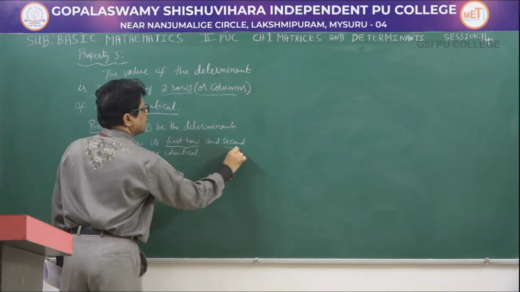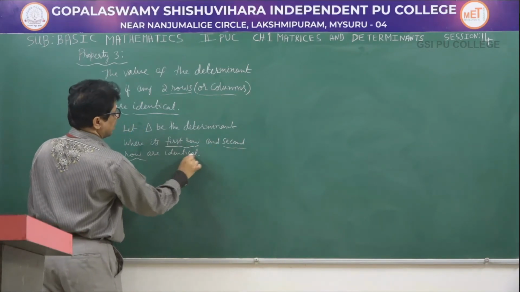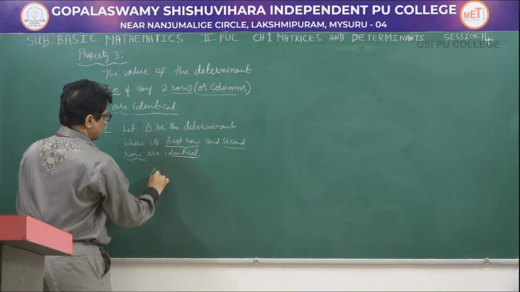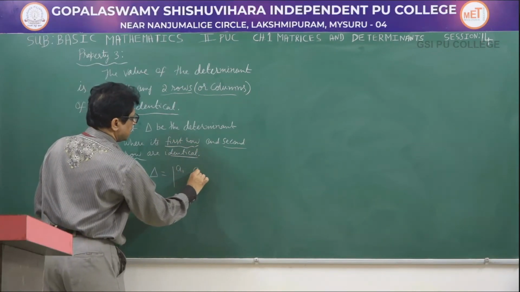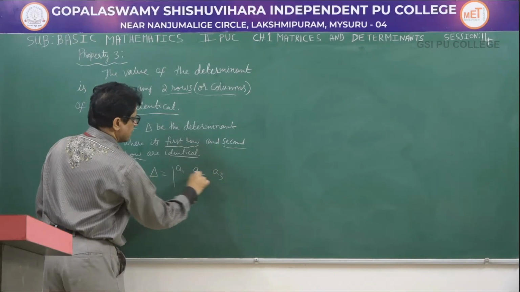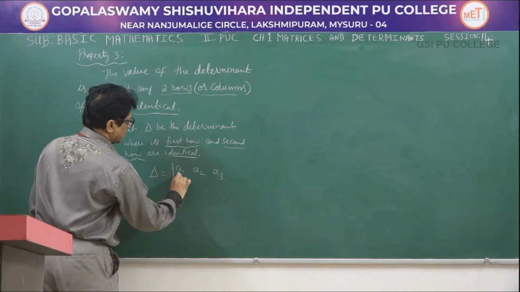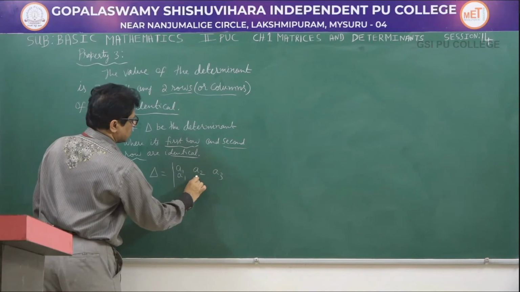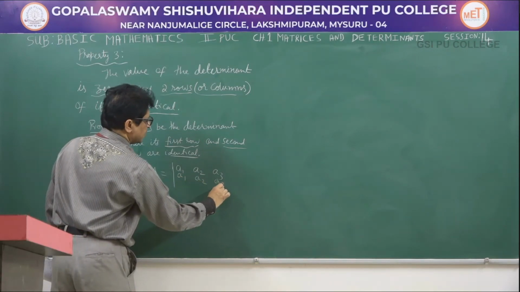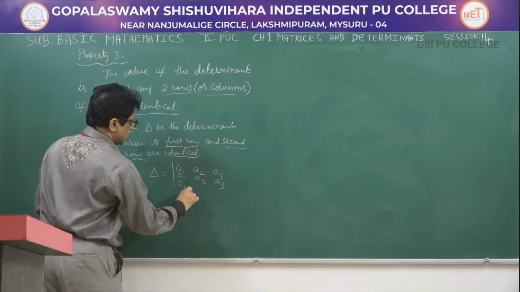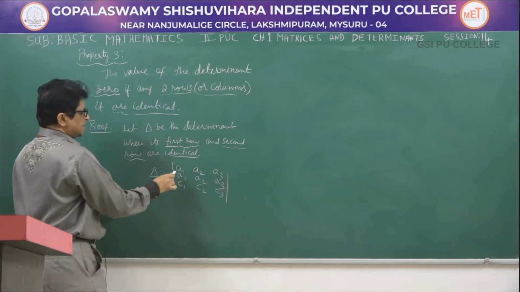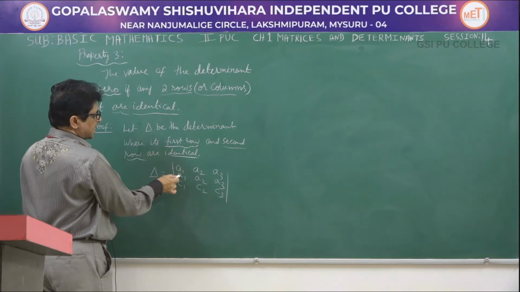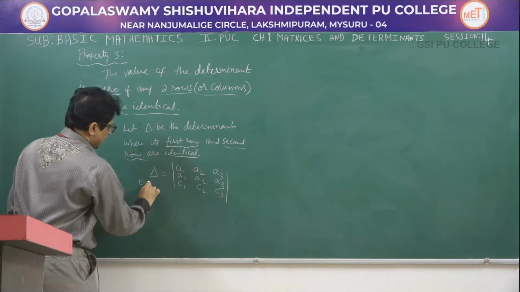That is R1 and R2 are identical. So delta equals determinant of A1, A2, A3. Next row also A1, A2, A3, and the third row is C1, C2, C3. Here the elements of first row and second row are identical.